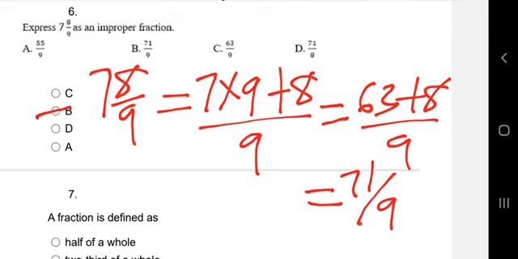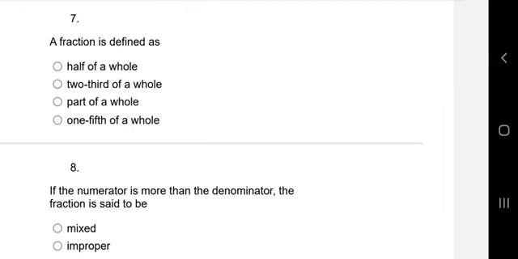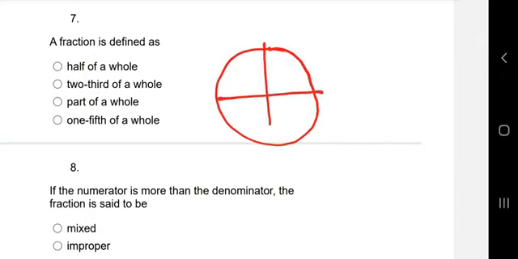All right, so move to the next one. This question says a fraction is defined as: half of a whole, two-thirds of a whole, part of a whole, one-fifth. So a fraction is a part. For example, I have this, and I divide it into 4 equal parts.